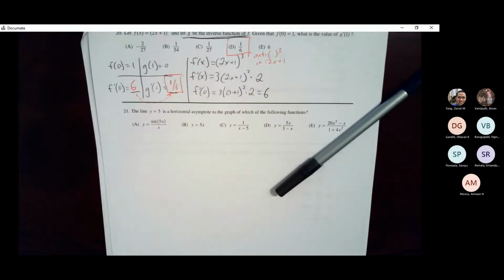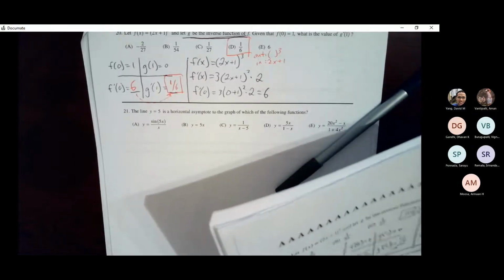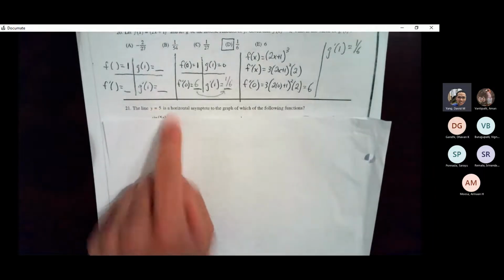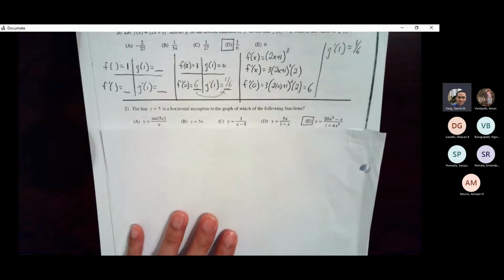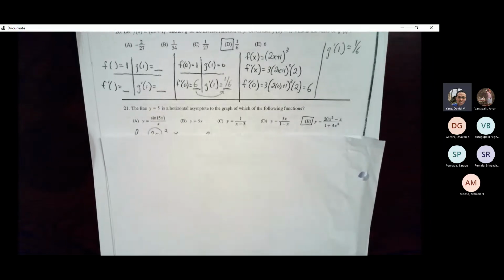Okay, number 21. The line y equals 5 is a horizontal asymptote to the graph of which of the following functions. So horizontal asymptote, if we're looking at a function, we can compare if the degrees match between numerator and denominator.